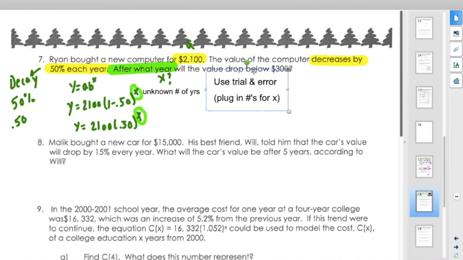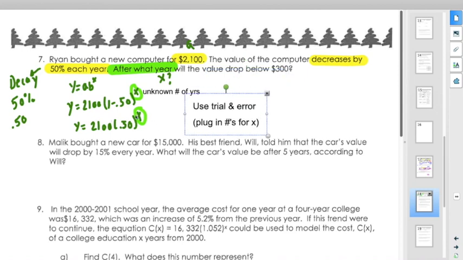That's all this is. I'm trying to figure out when I'm going to be below $300. So whenever y is below $300, when I'm substituting in these different values, that's going to tell me what my x is. So, how do we do this?